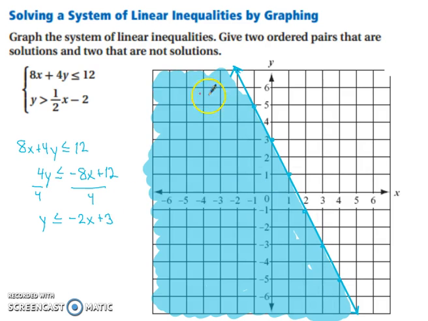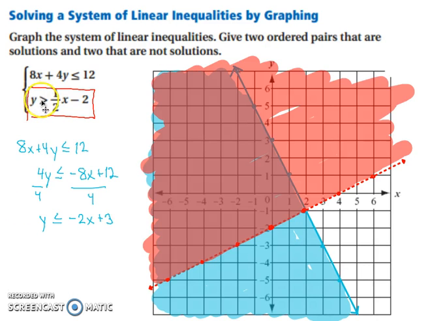Now that the first inequality is completely graphed, we can graph the second. The second one's going to be in red. So we have a dashed boundary line, and then we shade above since y is greater.